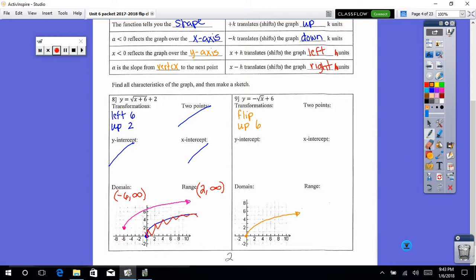Okay, plus k, up 6, and I'm flipping upside down. So let's take my nose, move him up 6 units, and instead of being a nice little rainbow, he's going to become upside down like that.